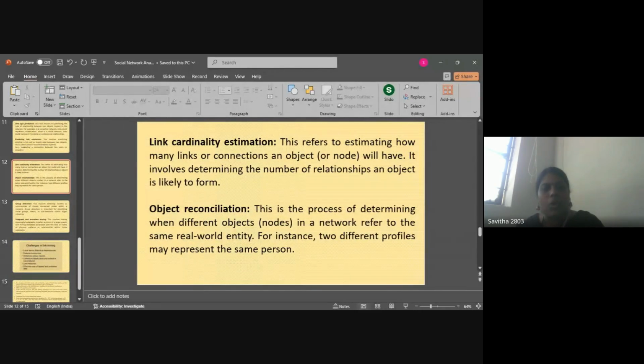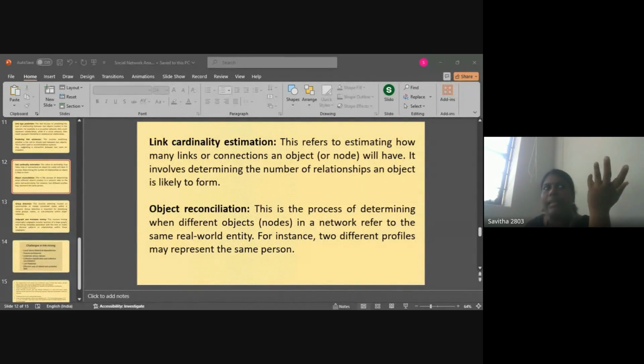Then object reconciliation, that is another method. It means identifying that two profiles in a social media platform refer to the same object, that is, resolving instances where multiple records refer to the same object. We have multiple records or multiple instances, but they refer to the same object only. So it identifies when two profiles in social media platforms belong to the same person. That means the same person has different IDs or different profiles on different social media platforms.